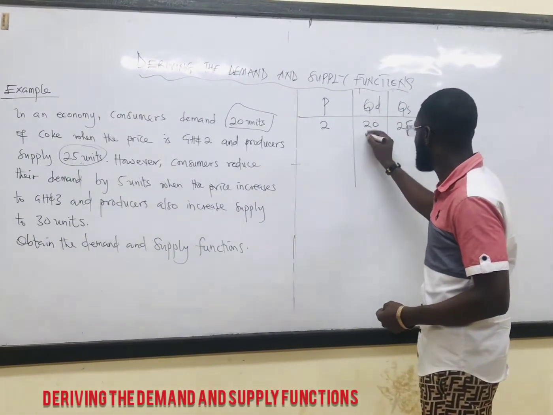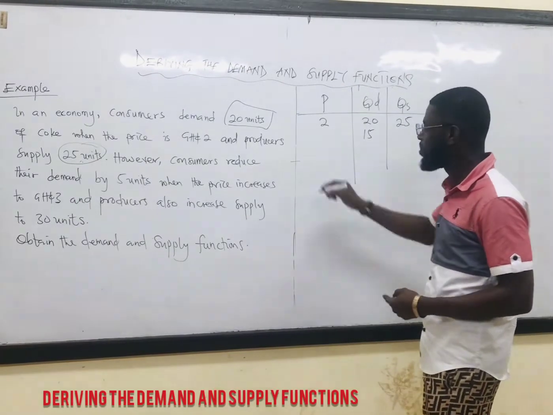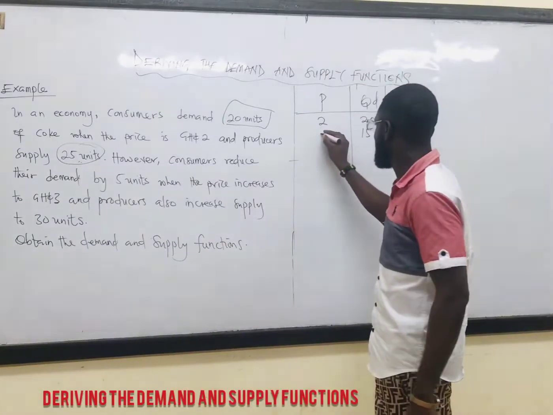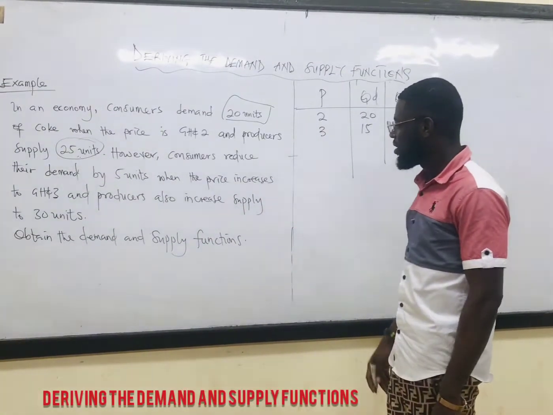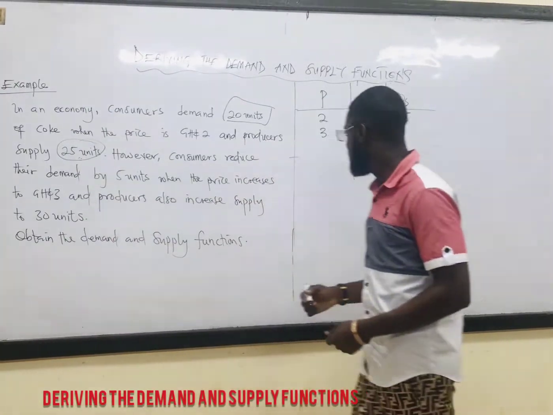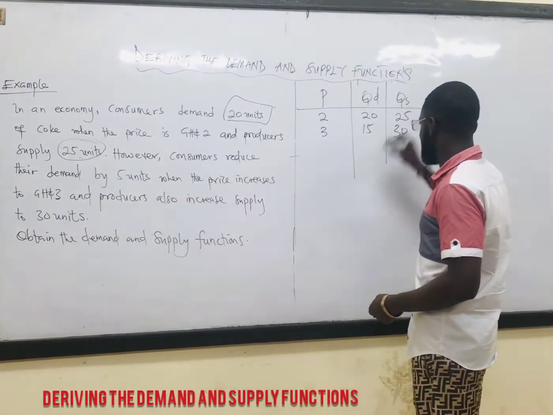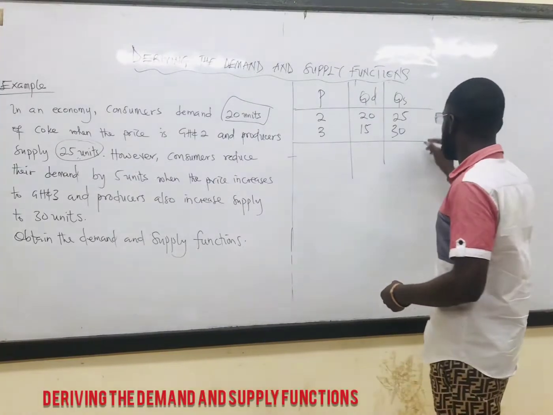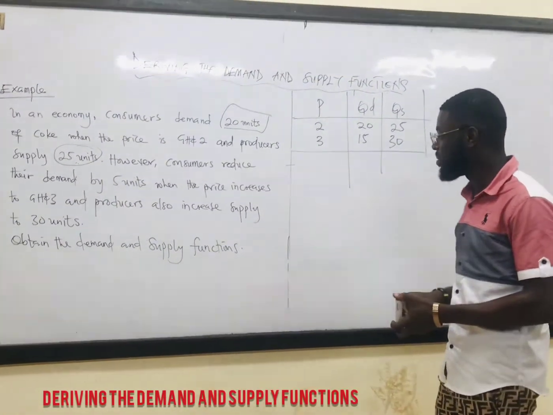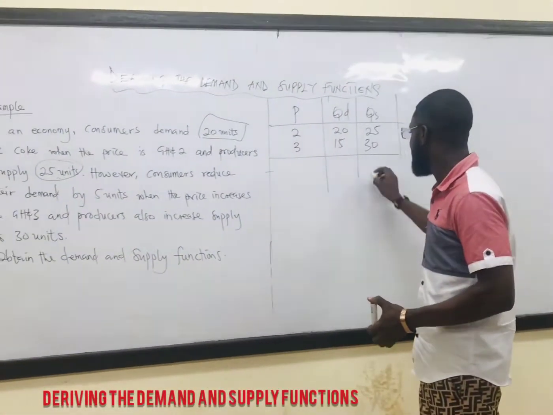So quantity demanded will be 15, and the price increased to 3 Ghana cedis. So the new price will be 3. And then producers also decided to supply 30 units because price has increased. So this is going to be a demand and supply schedule that will help us derive our demand and supply functions.